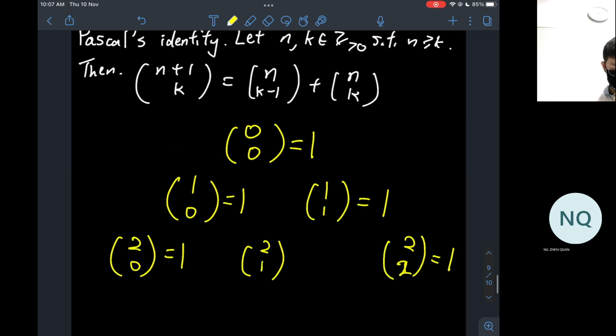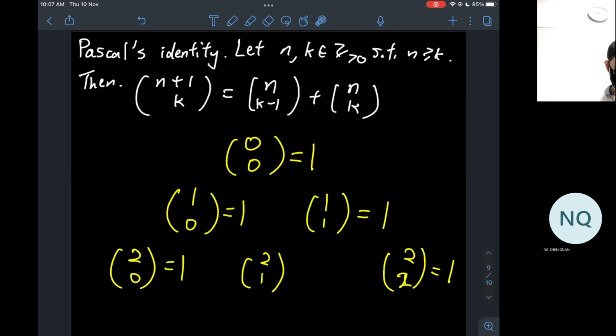How about 2, 1? 2, 1 satisfies this condition here. Both are greater than or equal to 1, such that n is greater or equal to 1. Then we can use this formula. Think this one is 2, this one is 1. So it is linked to k minus 1 and k, which is 0 and 1.